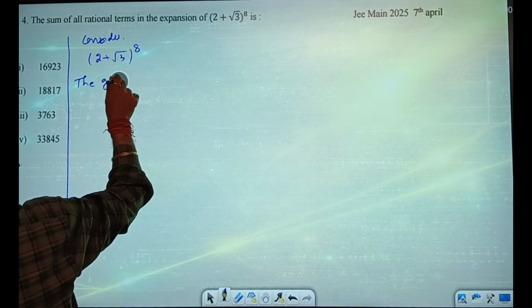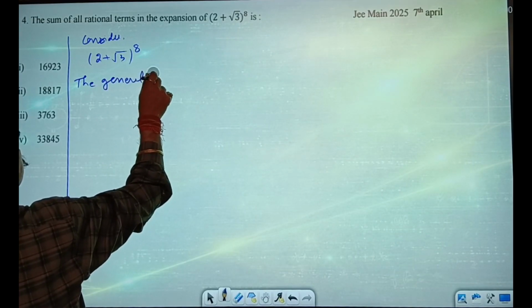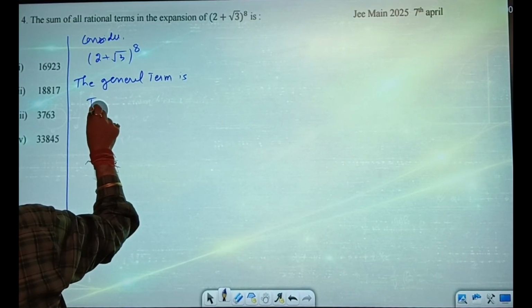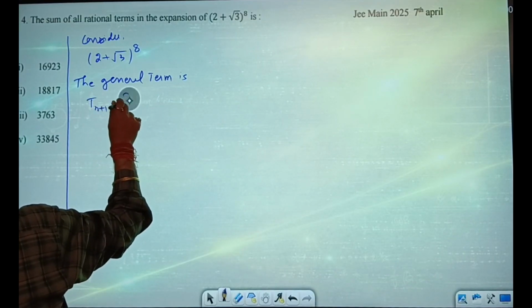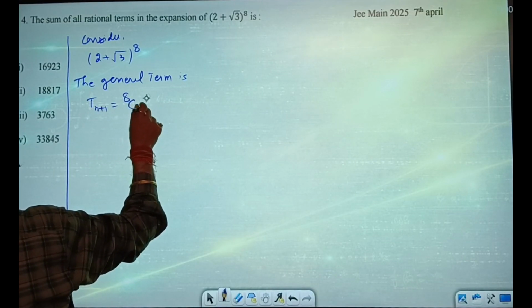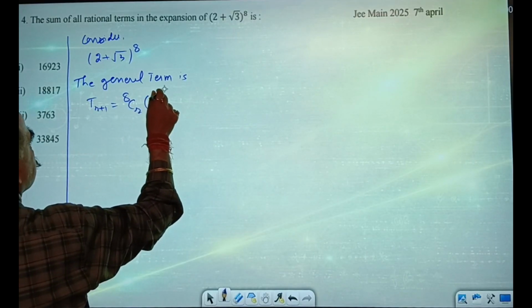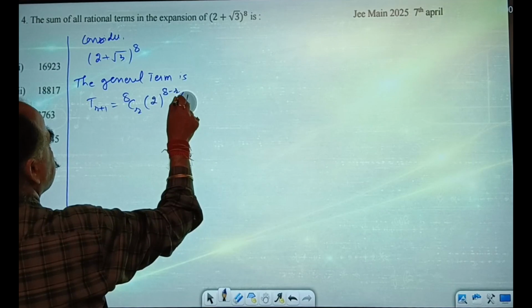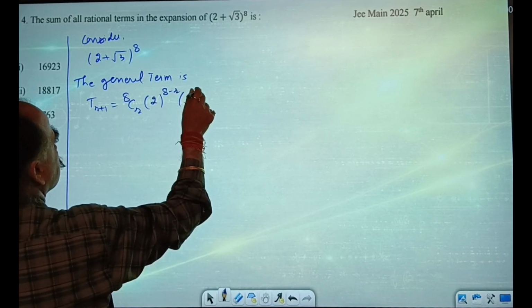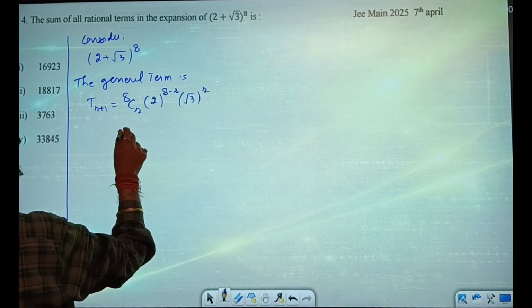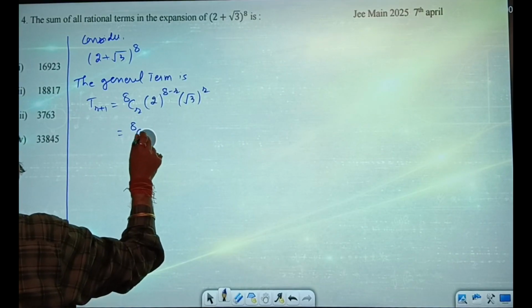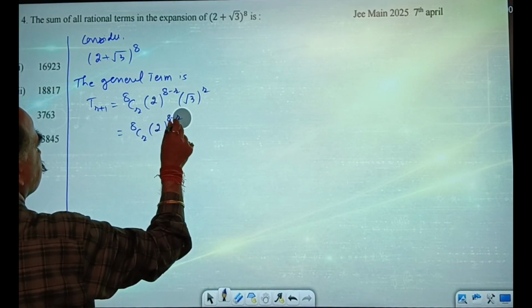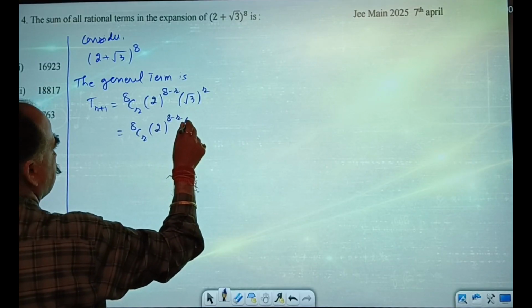The general term T(r+1) is 8Cr times 2 raised to 8 minus r times root 3 raised to r, that is 8Cr 2^(8-r) 3^(r/2).